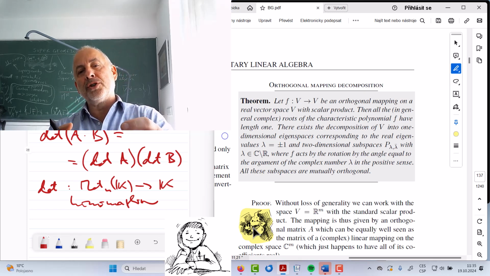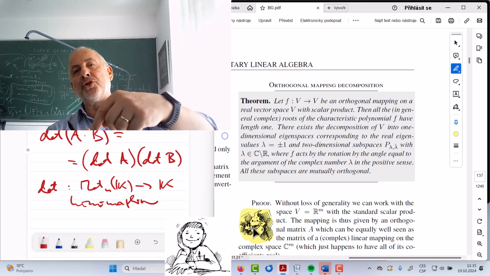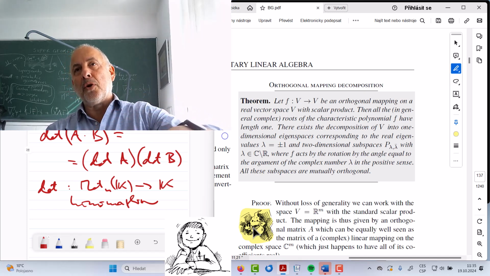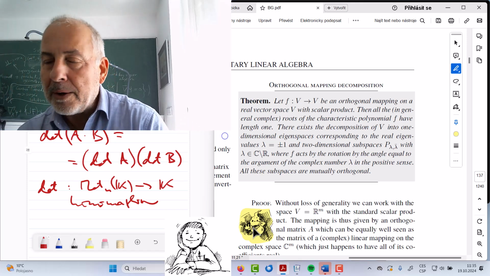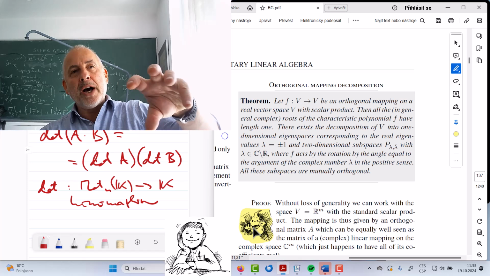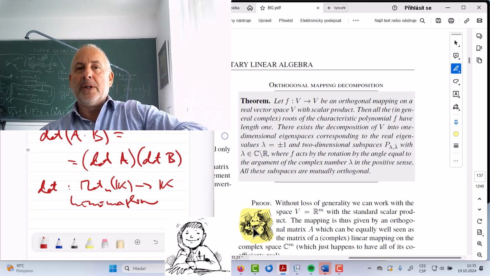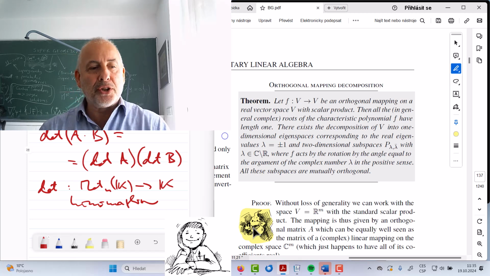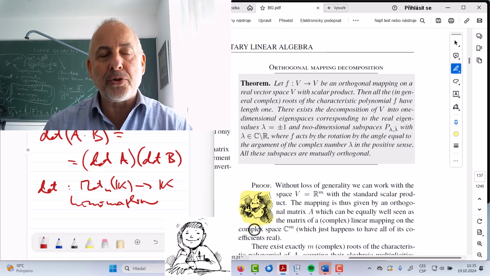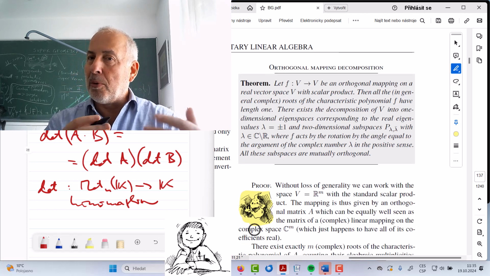The two-dimensional subspaces will correspond to rotations. The rotations will always be given by the argument of the complex eigenvalue in its polar form. And if it's a one-dimensional subspace, then the eigenvalue will be 1 or minus 1, because it has to keep the sizes. And that's it, right?